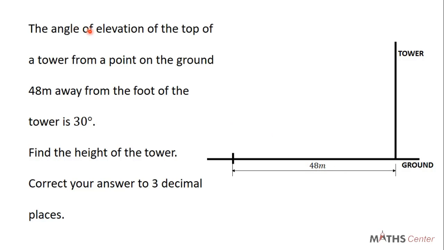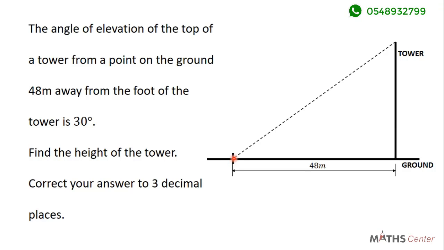Then it says that the angle of elevation of the top of the tower from this point here is 30 degrees. So if this is the horizontal, the angle of elevation of the top of the tower from this point is 30 degrees.